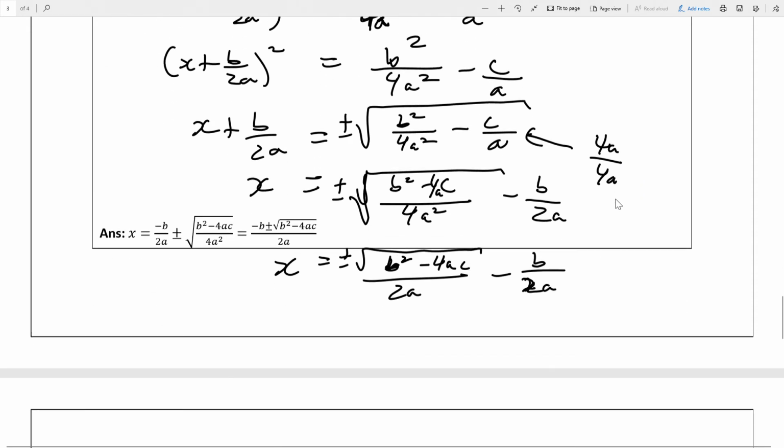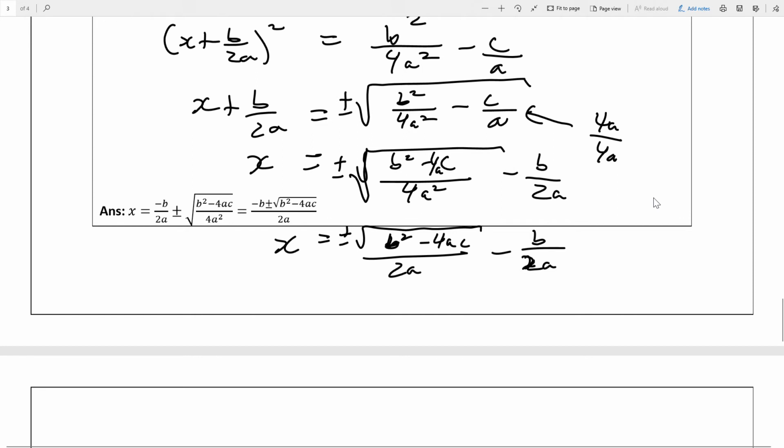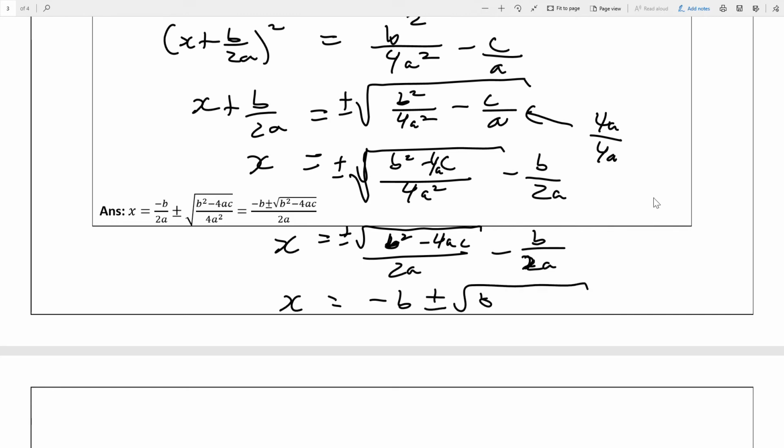Then the next step would be to put these two fractions together, because they have the same denominator. So we are left with negative b plus minus square root of b squared minus 4ac all over 2a. Okay. And this is the quadratic formula.